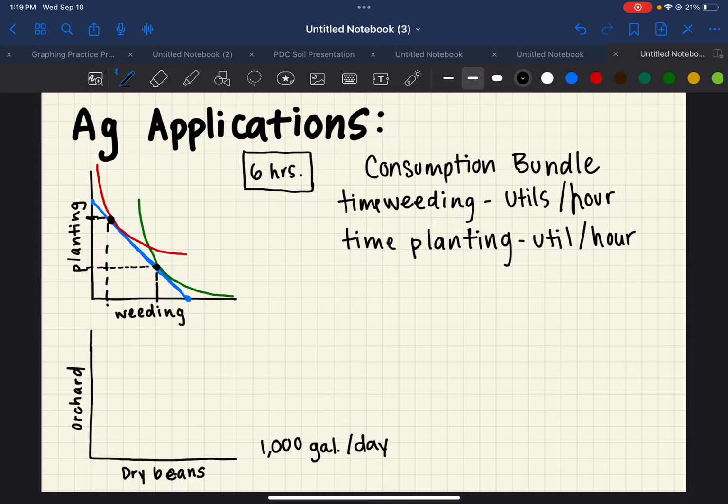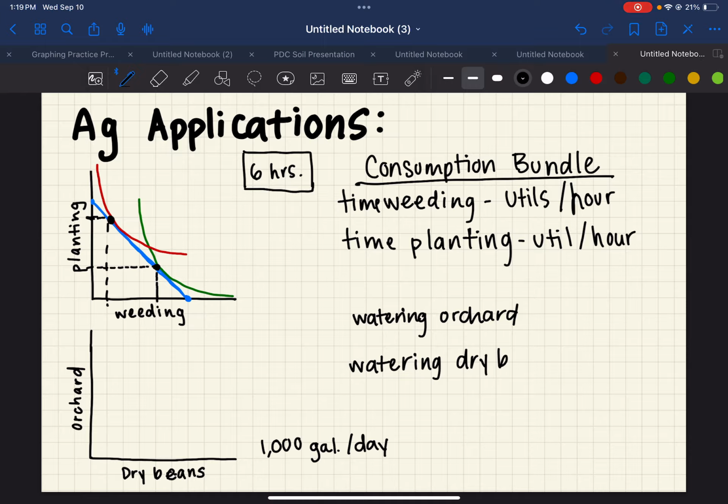That's our consumption bundle. Our consumption bundle is watering the orchard or watering our dry beans. Those are the 2 things we could spend our water budget on.